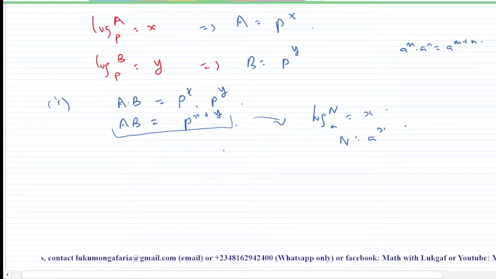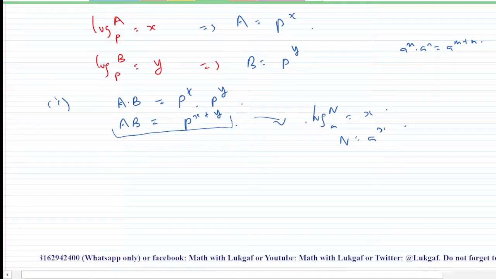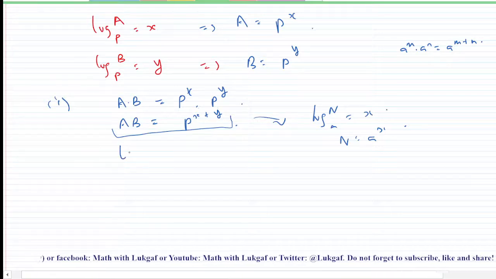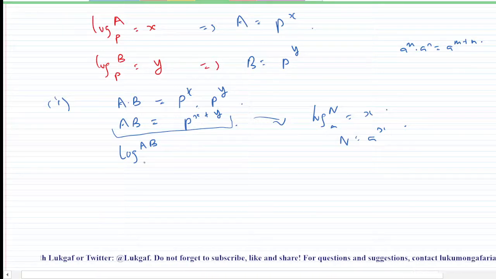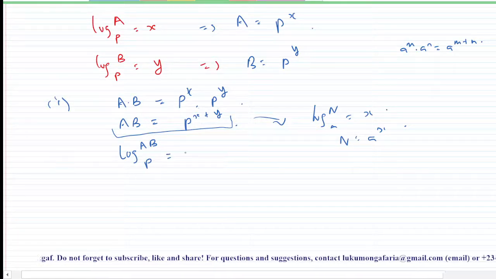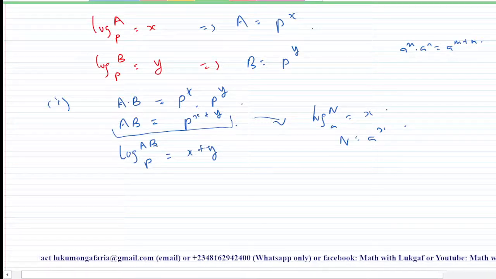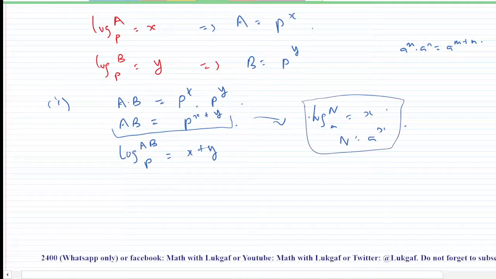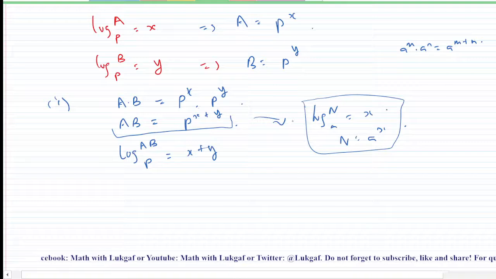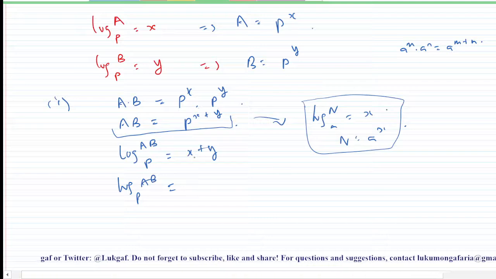Don't forget the logarithm of a number is the power to which a base is raised to give you the number. By virtue of this, the logarithm of ab base p is going to be x plus y. If you convert it back to index form, in this indicial equation, you will observe that ab equals p raised to power x plus y, based on this principle. So if that is clear, I can say that log ab base p is equal to x plus y.